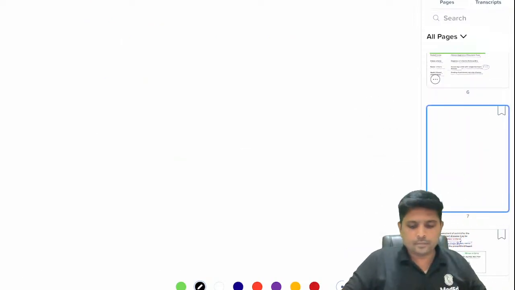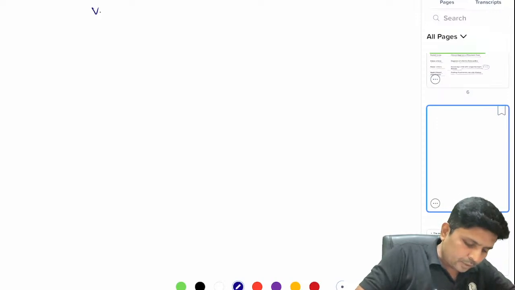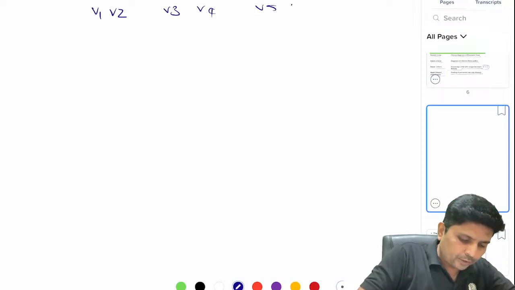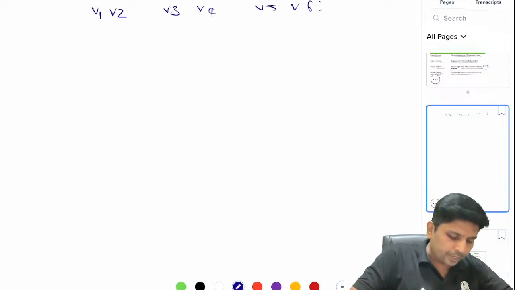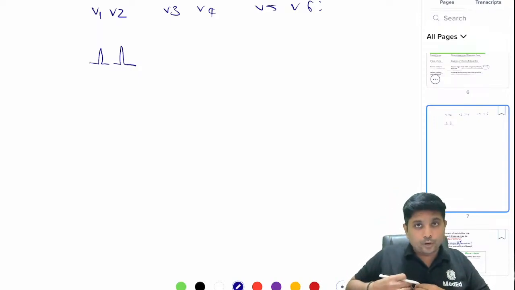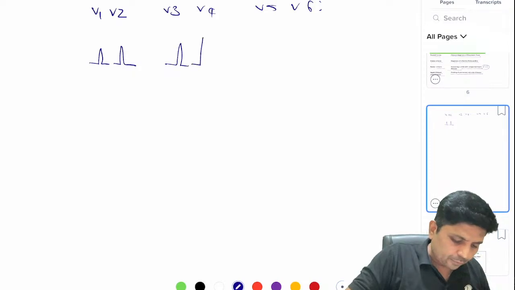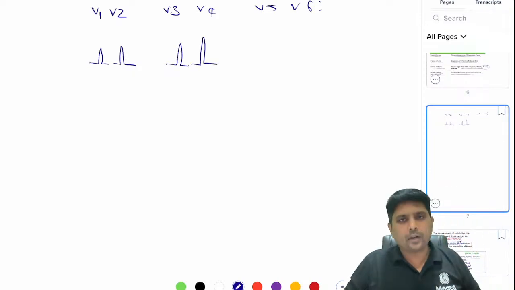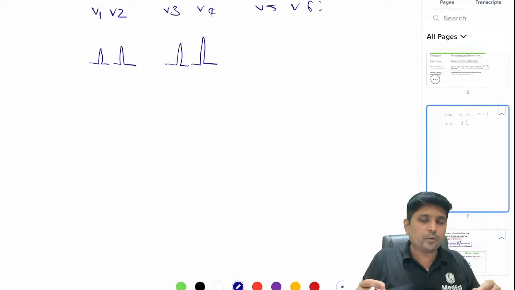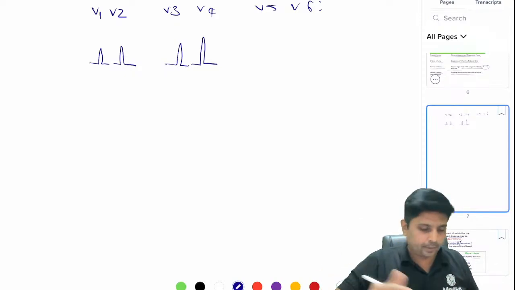Third, you need to know the normal chest leads: V1, V2, V3, V4, V5, V6. In V1 and V2, the R waves are small because V1 and V2 are kept over the right ventricle. Whereas V3 and V4 have slightly taller R waves because they face the septum, whose muscle mass is larger compared to the right ventricle.